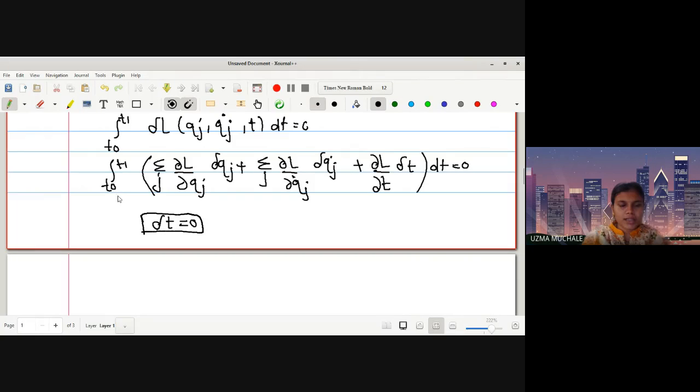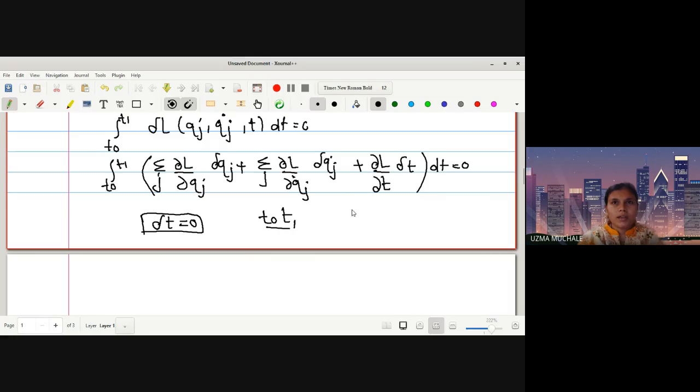Why is δt 0? Because t0 to t1 is already fixed. You cannot change this time interval, right? Your job is to move from point A to B within the time interval T0 to T1. There is no special case. You are allowed to move only within the time interval T0 to T1, and that's why, as there is no variation in the time at the end point, δT equal to 0. Right?